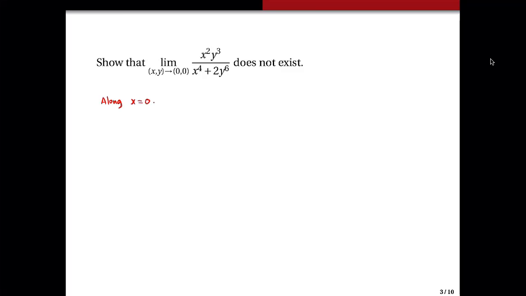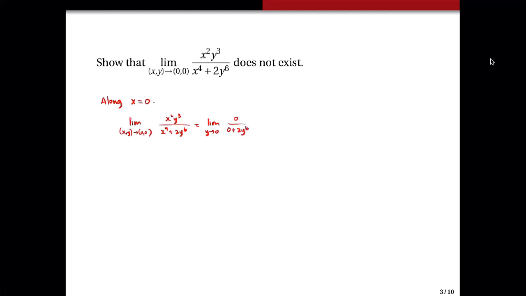Okay, along the line x equals 0, you will have the limit as (x, y) goes to (0, 0) of the function x squared y cubed over x to the 4 plus 2y to the 6. Along the line x equals 0, this is just the limit as y goes to 0 of 0 over 0 plus 2y to the 6.